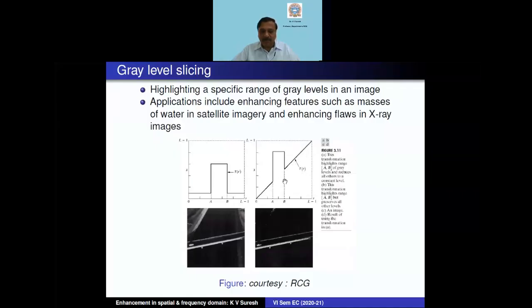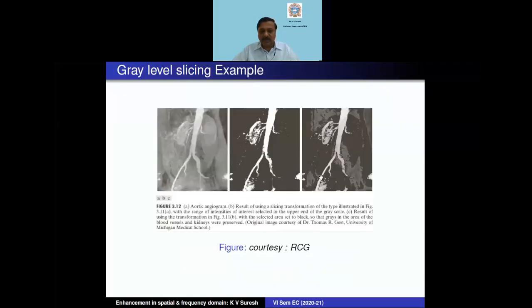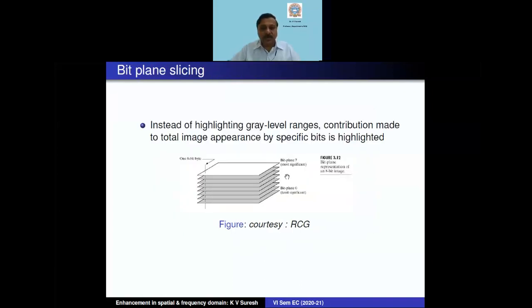So the background is kept as it is, only the required region is enhanced. That's what you see here. So the required region is enhanced, but you can see that the background is kept as it is. So you are not going to disturb the other regions here. Okay. So this is about gray level slicing.